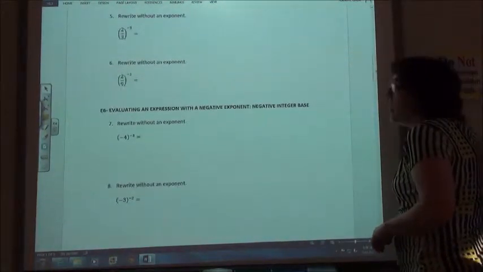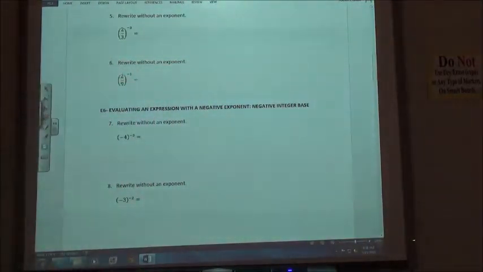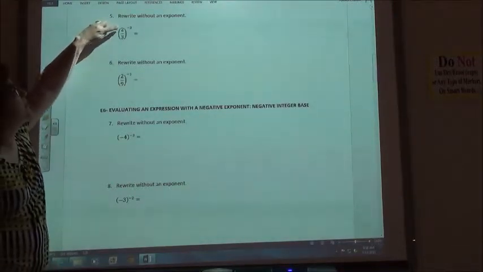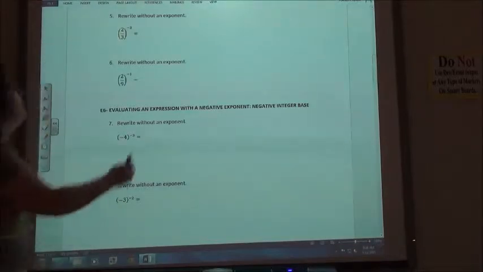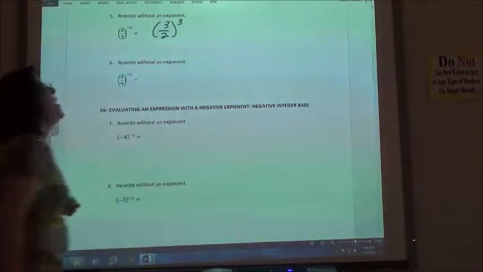So number 5, if I want to do 2/3 to the negative 3 power, if I'm not doing it with my calculator, since my exponent is negative, I do the reciprocal of my base. The reciprocal of 2/3 would be 3 over 2, and then I make my exponent a positive 3.